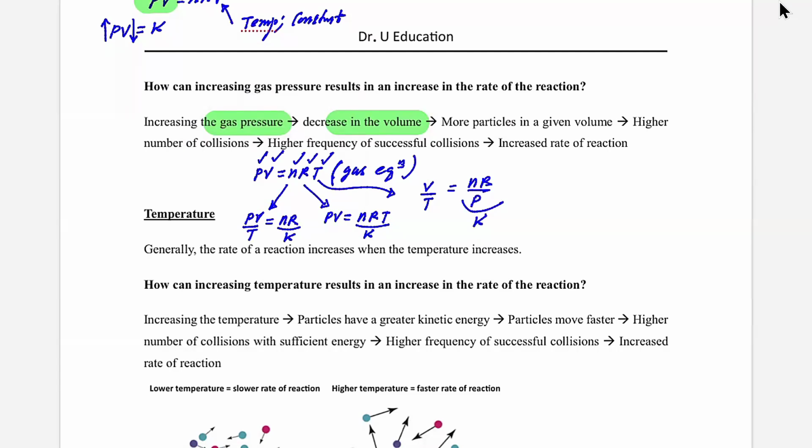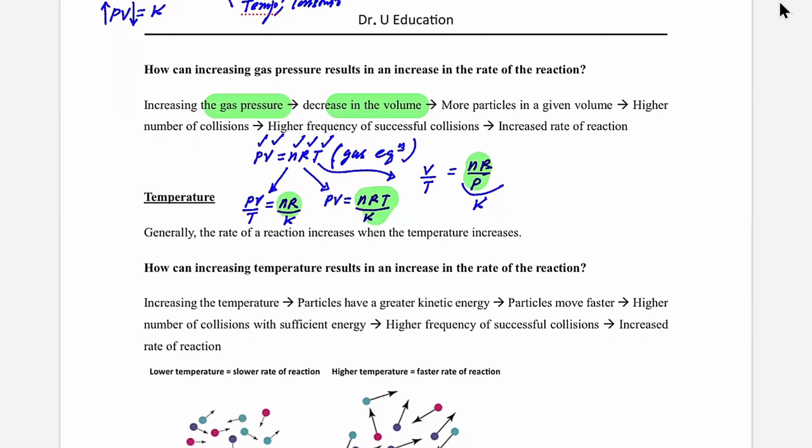So what I'm saying, you consider n and R to be constant in one side. In another one, nRT becomes a constant. The other one, nR divided by P are considered to be constant. So in that case, you can see from here, this is going to be V divided by T is a constant.